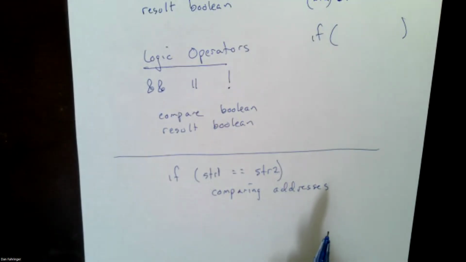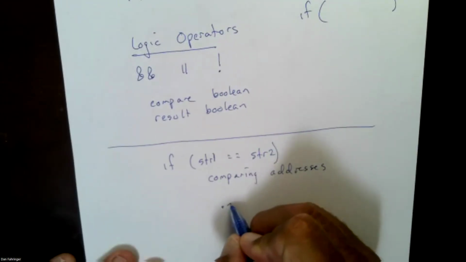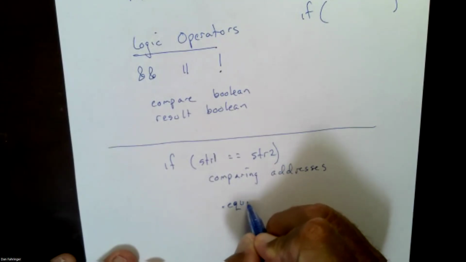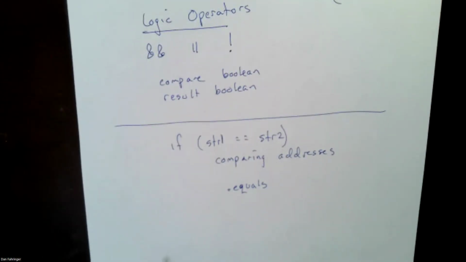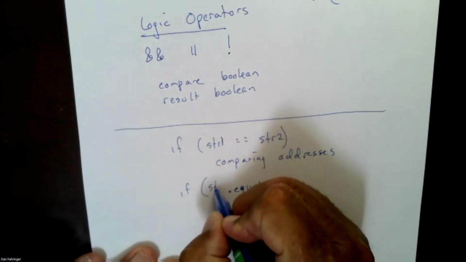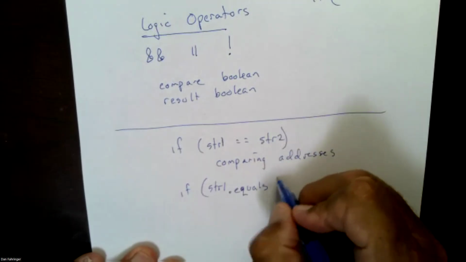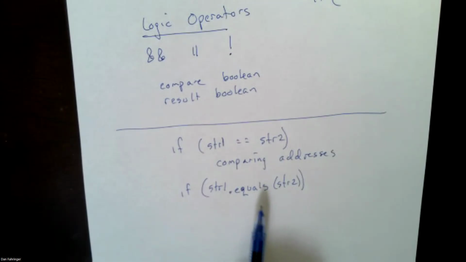So in order to take care of that, we had something called dot equals. And again, that was in like code listing 3.8 or 3.9, somewhere along the lines. If I wanted to compare two strings, I'd say if string one dot equals string two.